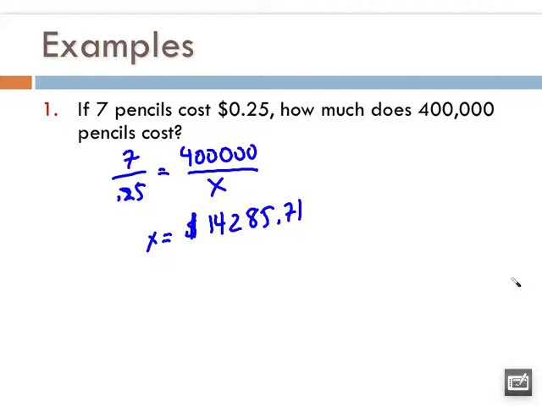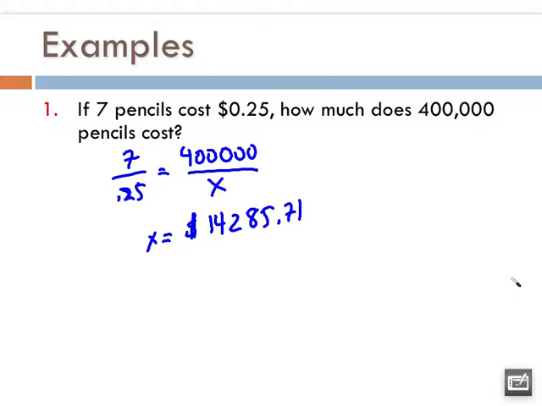Max? I kind of just did the division. Be specific. You divided what by what? 0.25 divided by 7 and then times 400,000. Okay, so 0.25 divided by 7 gives us what?